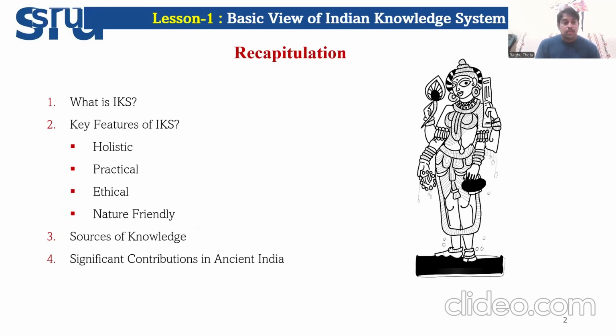What is the main concept of the geocentric theory? It believes that Earth is the center of the universe. All the planets, including the sun, revolve around the Earth. It was a belief, and people believed it for thousands of years. But later it was proved wrong, of course. Another theory came into existence, called the heliocentric theory, which means Earth is not the center of the universe; the Sun is the center.